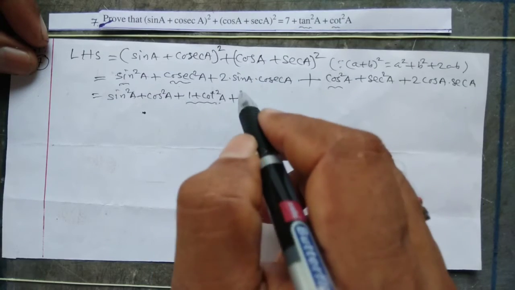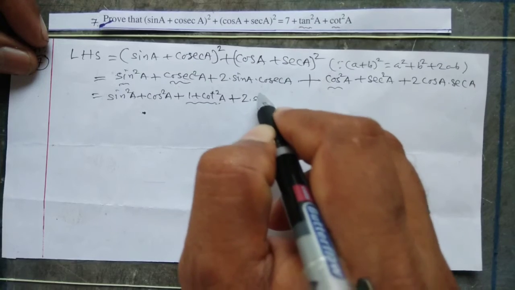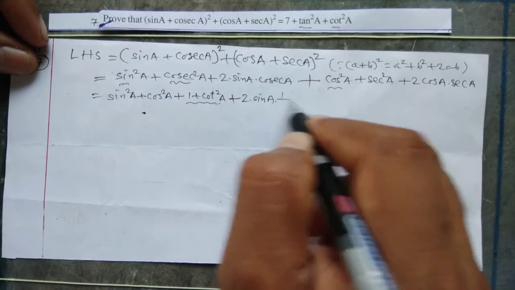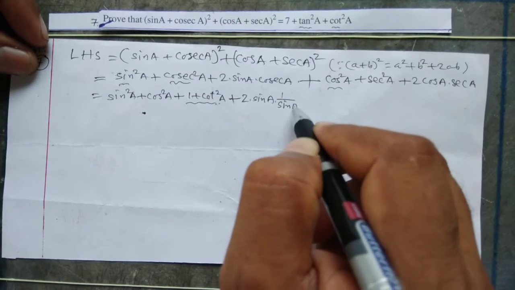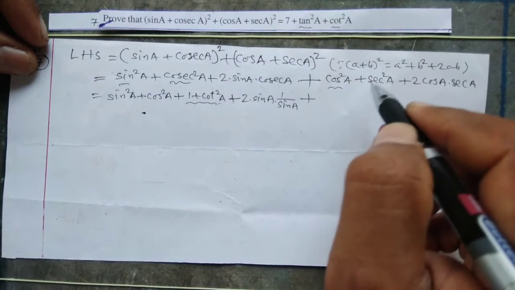Plus 2 sin A. Cosec A is reciprocal of sin, so that's why we can write 1 by sin A, plus cos square A already written.